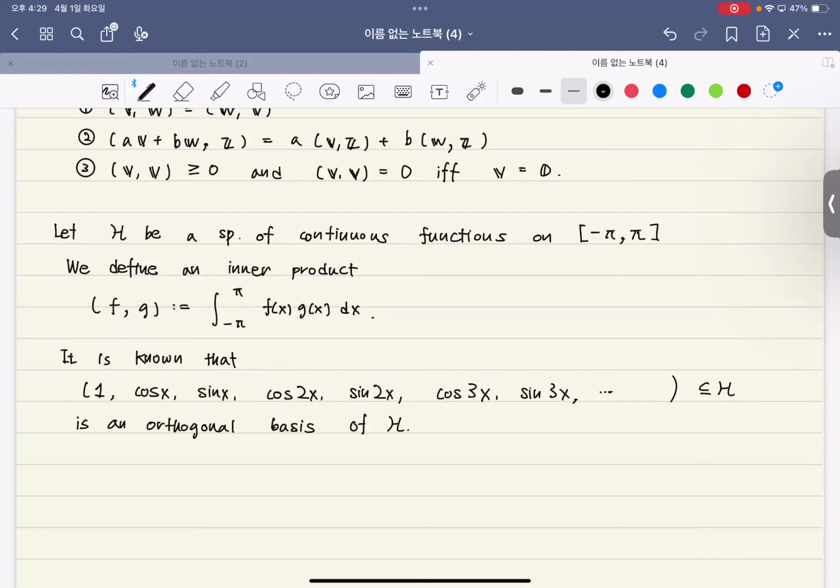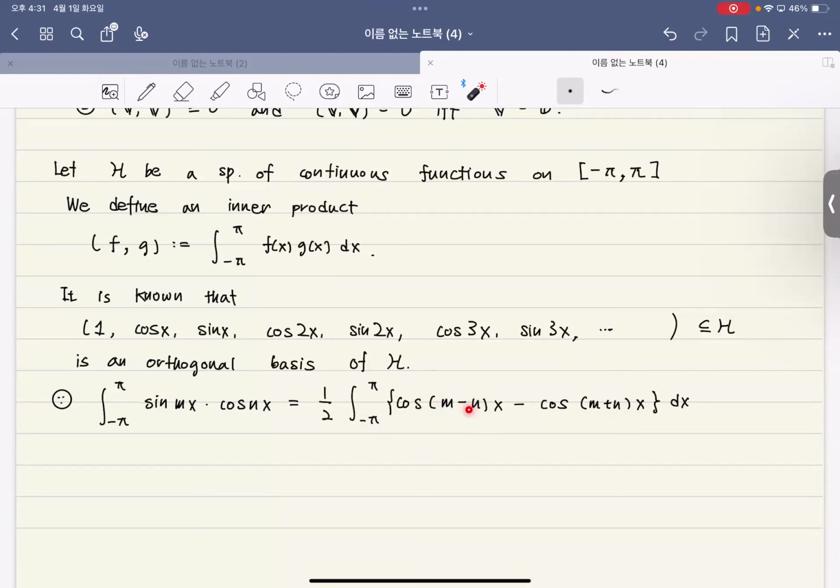What about this one? This one also goes to 0, with only one exception: if m equals n, then the cosine vanishes and this is just 1. If you integrate 1 from minus pi to plus pi, this is 2 pi, and combined with the 1 over 2 over here, the answer is going to be pi.